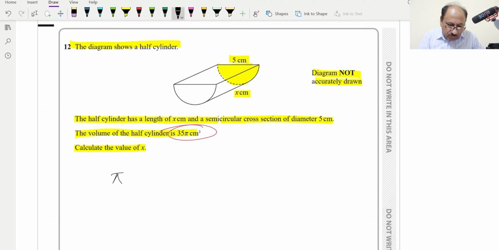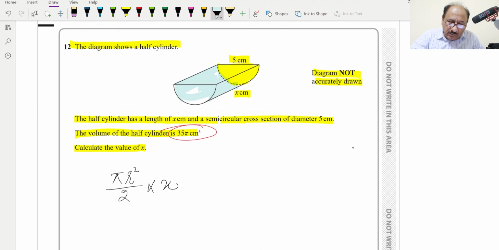Pi r squared is complete circle, so divided by 2 will be semicircle or half circle, and this will be multiplied by x to get the volume of this complete shape. So multiply by x will give us the volume of this complete shape.